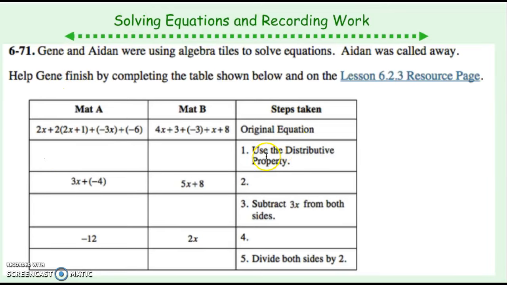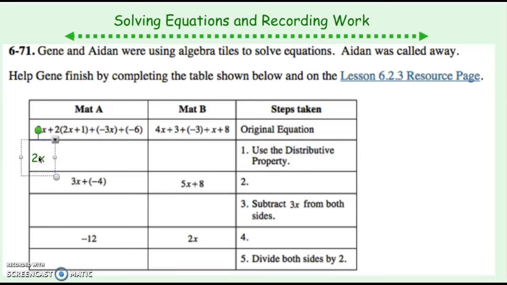So step 1, it says I need to use the distributive property. So I see that I have the distributive property here on mat A. I'm going to distribute the 2 onto each of the things inside of the parentheses. And I have no distributive property on mat B. So I need to rewrite everything in the equation except I'm going to solve the distributive property.